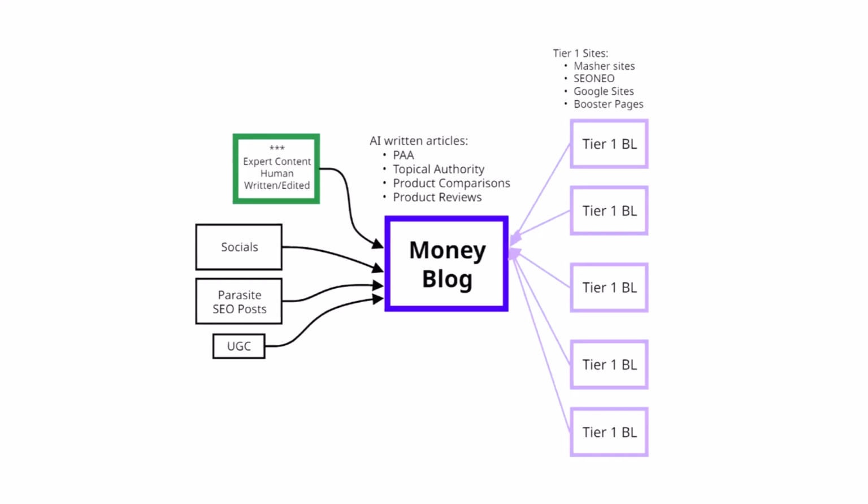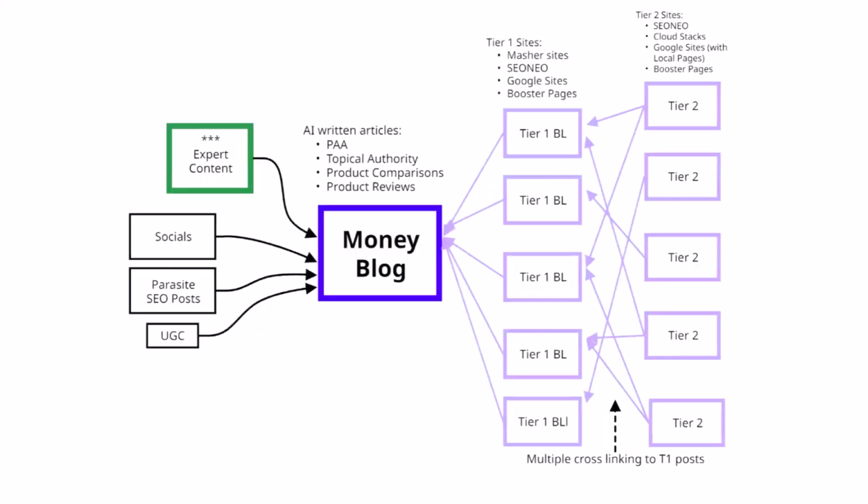Now, the next step is you have your tier 1s, but we need some strength behind these tier 1s right here. So we build tier 2s. And the beauty of this, especially using Neo and Cloud Stacks and Google, is I can have different articles that are summarized.